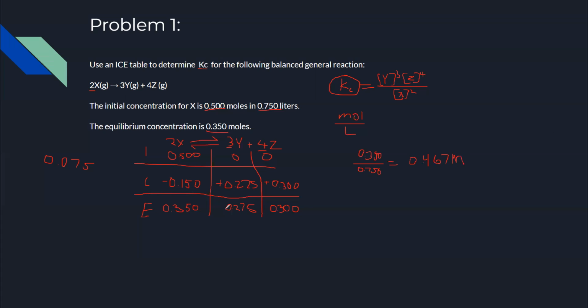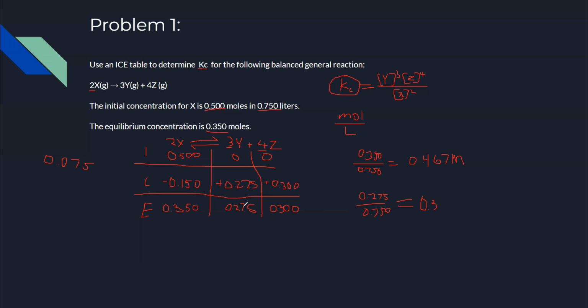And then for the second one, 0.225 divided by 0.750 equals 0.300 molarity.